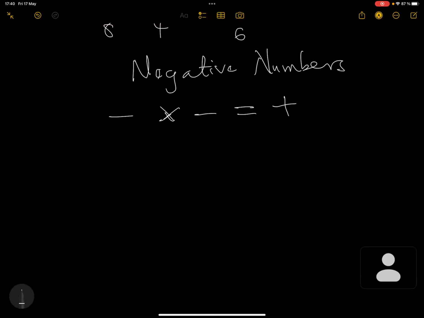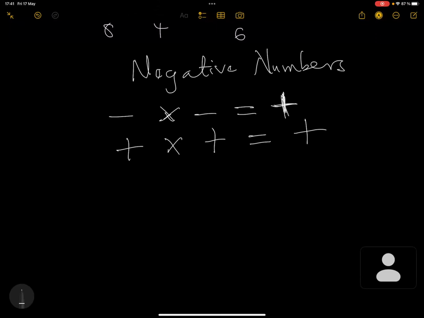So minus multiplied by minus will give you plus. Look at this. 2 wrongs, minus, minus. But when you multiply them together, they give you positive, which is right. All right. But again, plus multiply by plus will give you, don't say minus. So plus times plus will give you plus.